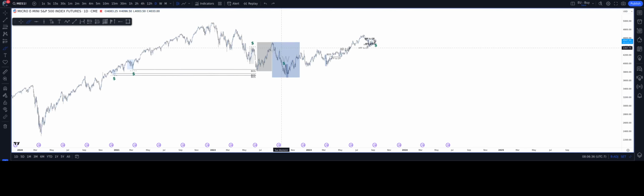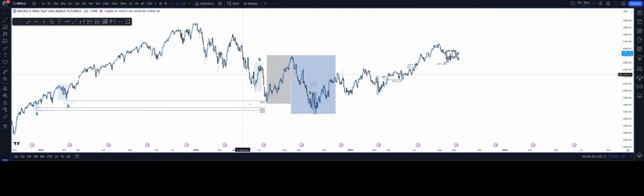Now, if you've never heard of a primary range, in my terminology, it is a range that goes over the top of another range that was created for liquidity. For example, this range here, from this low to this high, is a decent looking range that initiates and breaks structure. We can still see that break of structure.